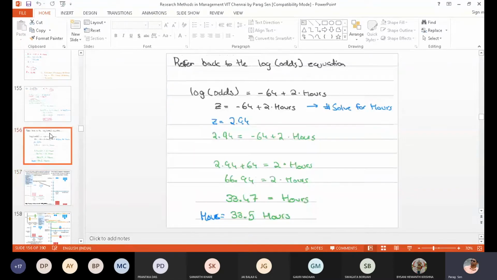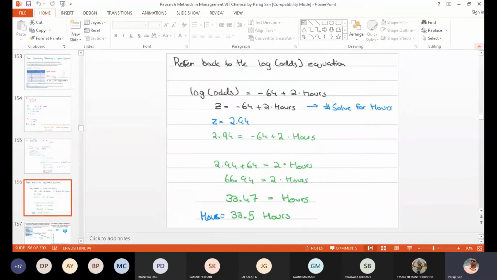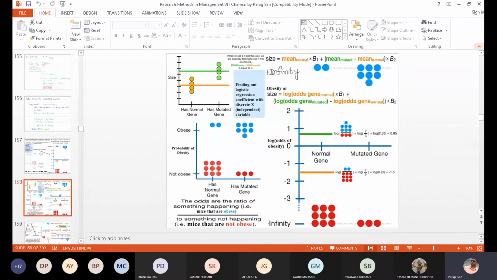In the example we have provided here, the independent variables are continuous in nature, but in some cases you will find that the independent variables are discrete in nature. So how to find the probability in this case is also explained here.